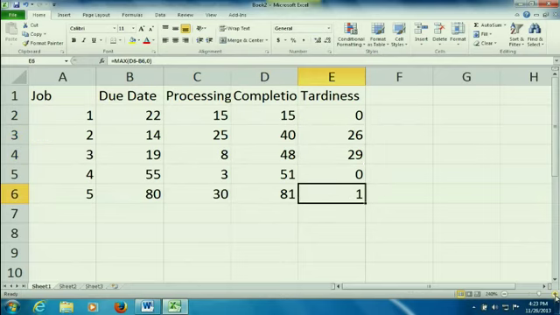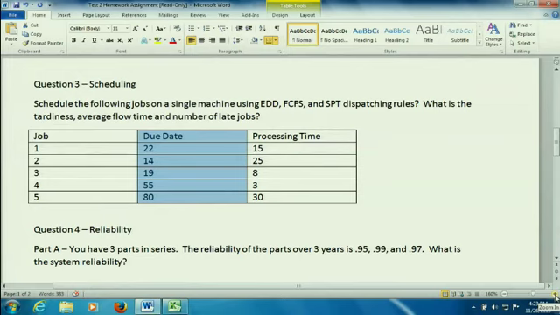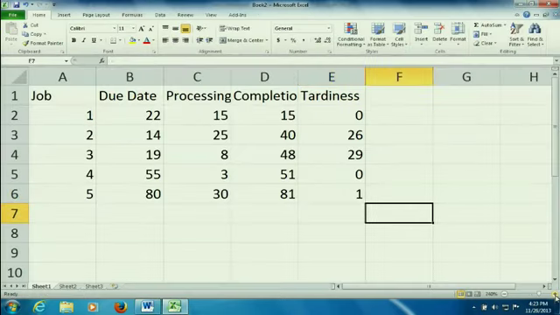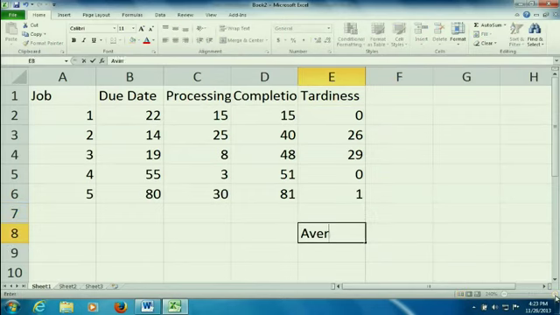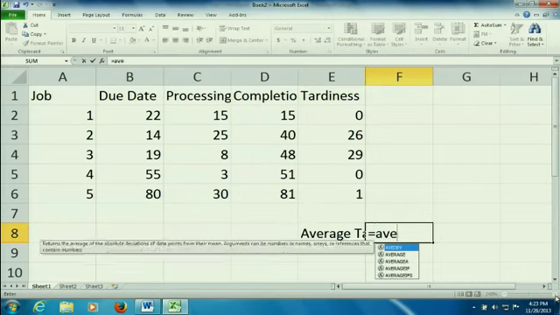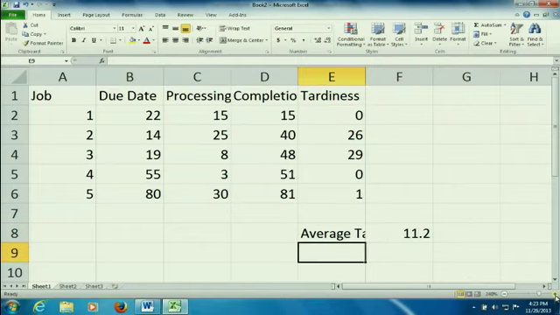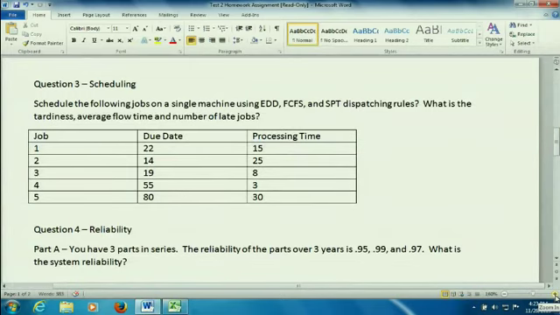And that's 29, and then the last one's 1 unit late. So what is the average tardiness? Well, tardiness would be just the average. 11.2 for first come, first serve.